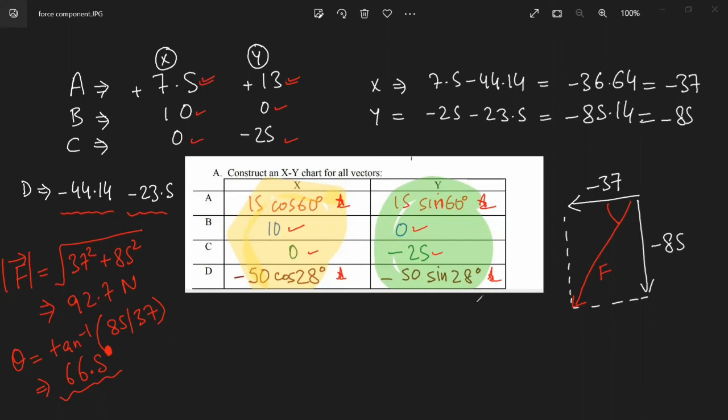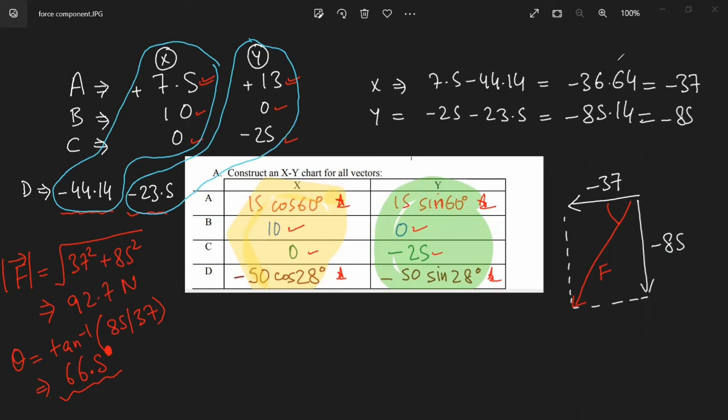This is what I was trying to tell you, that once I have resolved the four vectors into their respective x and y components, I can independently handle my x component and my y component. So the net of x would be equal to minus 36, which I have rounded off to minus 37. My net of y is minus 85.14, which I have rounded off to minus 85.